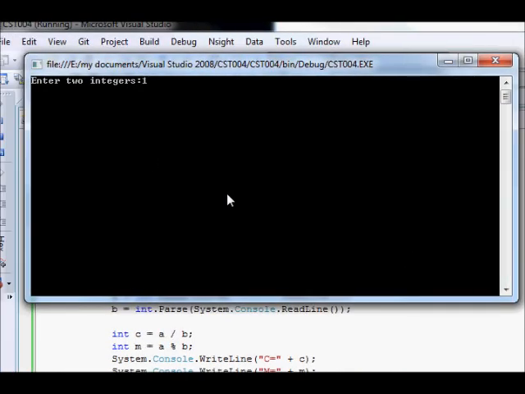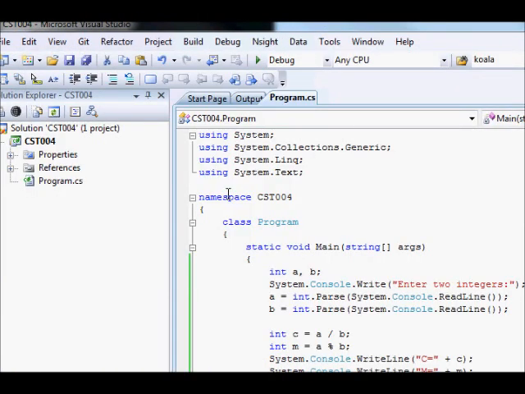You can see now 10 divided by 3, you get 3 and modulus 1. So the remainder of dividing 10 by 3 is 1. This is what it means. This is a very simple operator, but it is very useful.